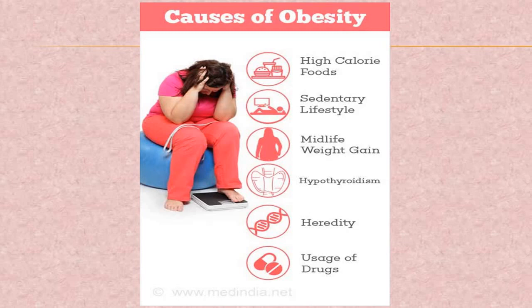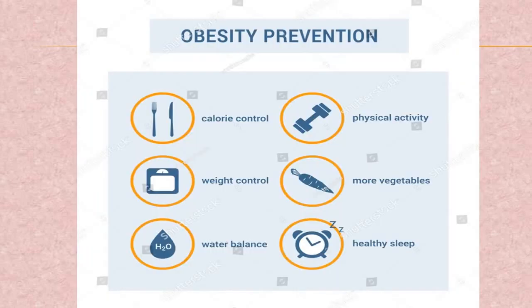It may be hereditary or sometimes due to some drugs. Prevention of obesity is by controlling the intake of food or caloric control, doing exercise, and controlling your weight. More vegetables and more water should be taken, and there should be healthy sleep.